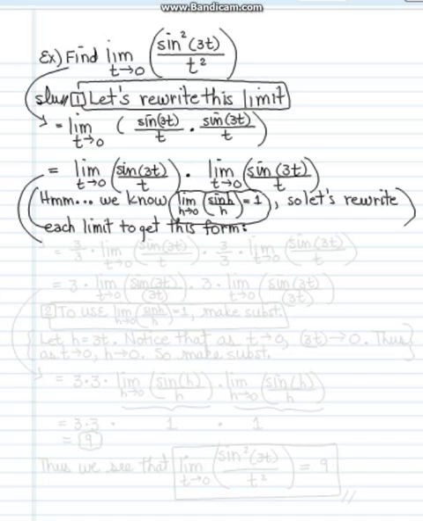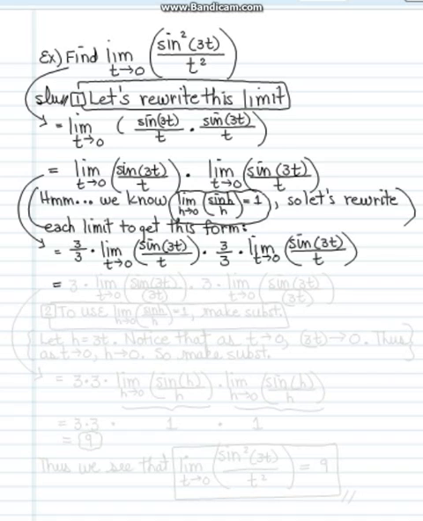So what we have up here is the limit of sine 3t over t times the limit of sine 3t over t, as t approaches 0. We're going to rewrite that by multiplying each of the factors by 1: 3 over 3 times the first limit factor, times 3 over 3 times the second limit factor. That doesn't change the value, just multiplying each of them by 1. But now we're going to take the denominator 3 and pull it inside the limit and put it in the denominator of the function.